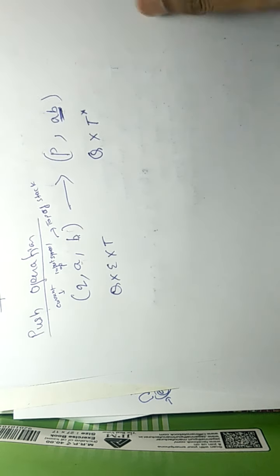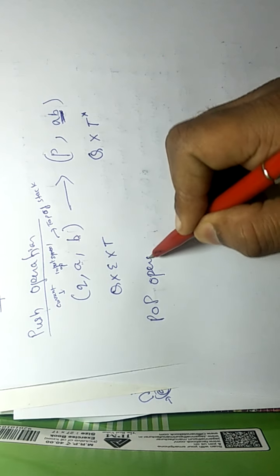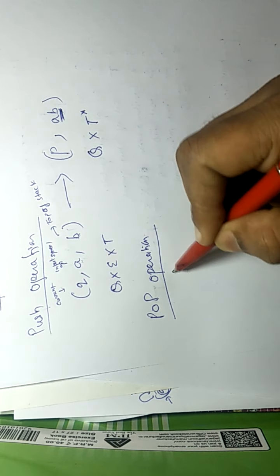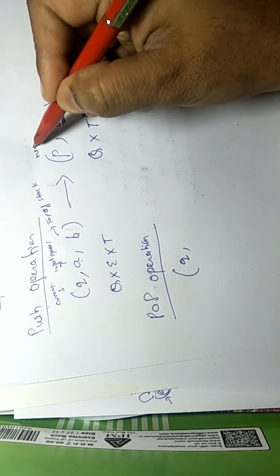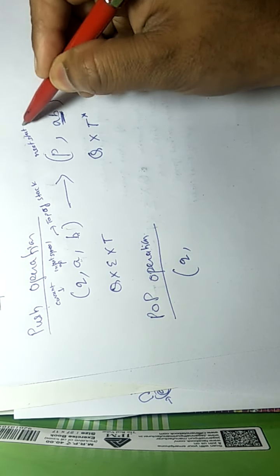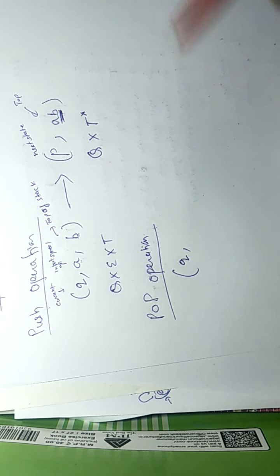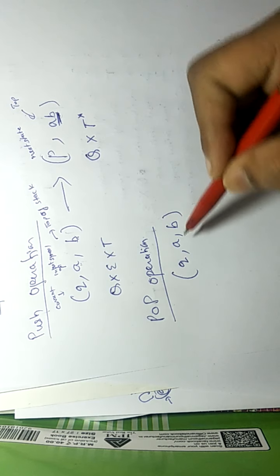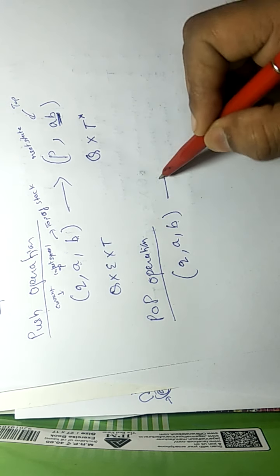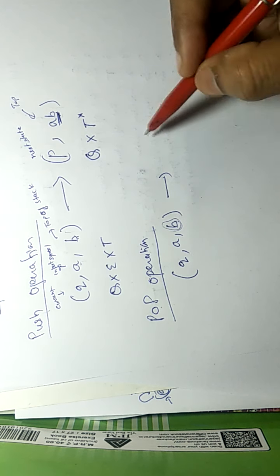Now another operation, that is the pop operation. The state is q, the current state, and this is the next state. We have input symbol a, and the top of the stack is b, and what we have to do is pop.